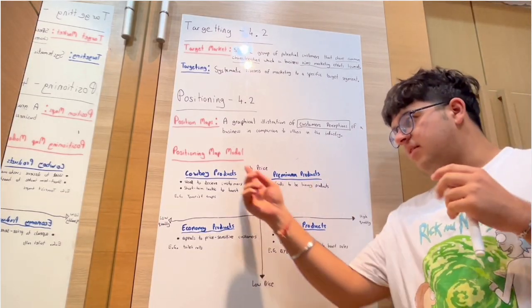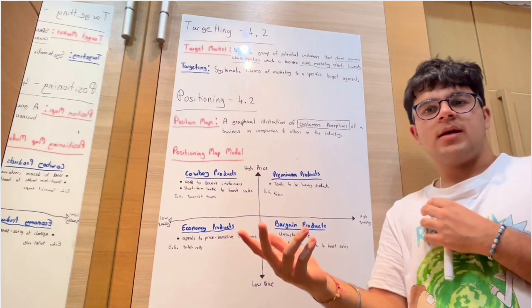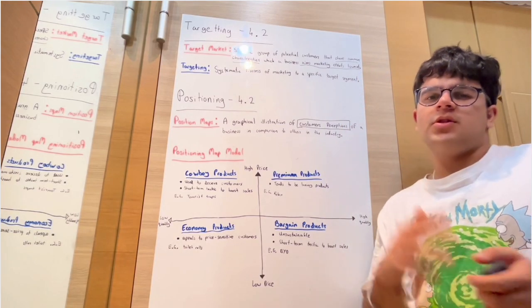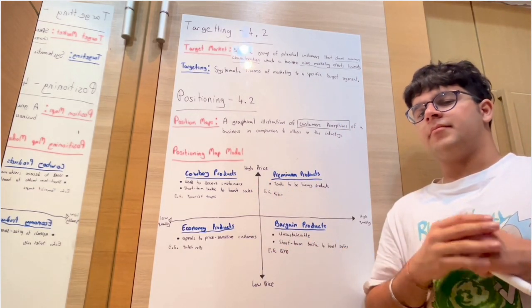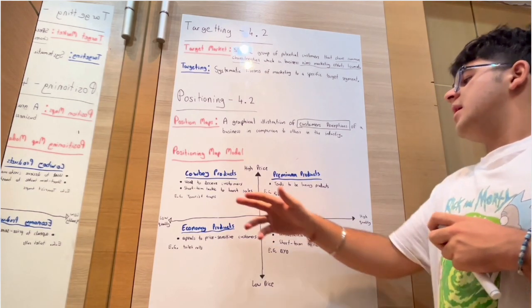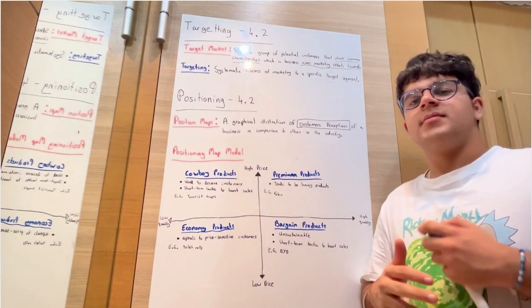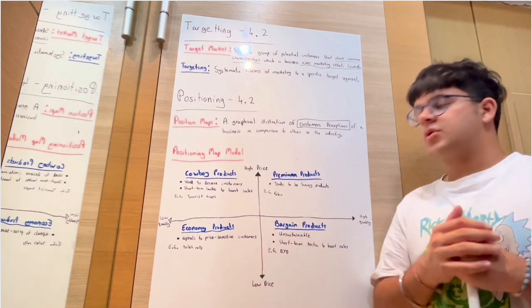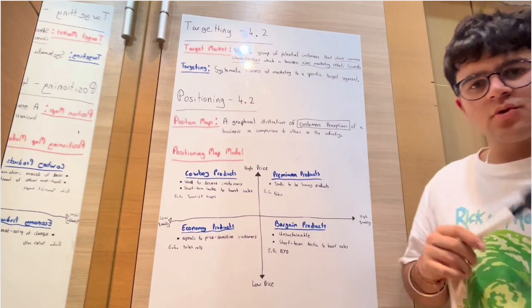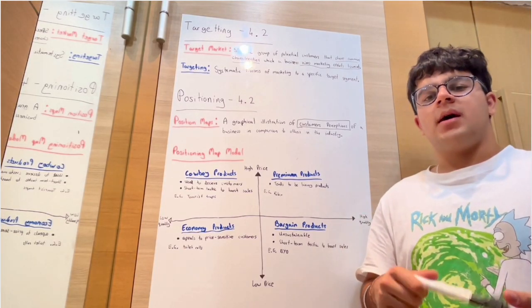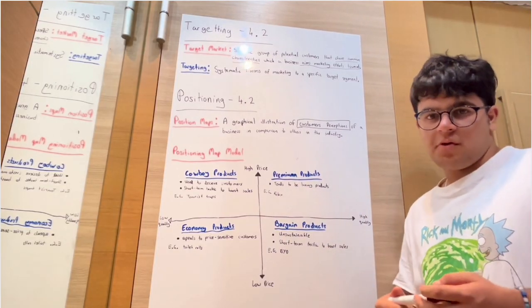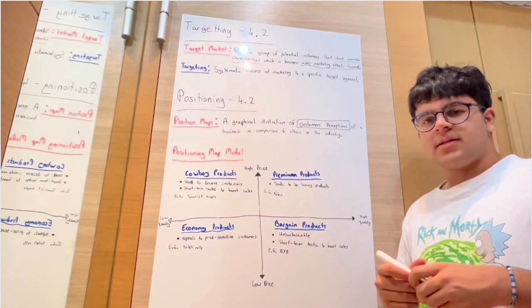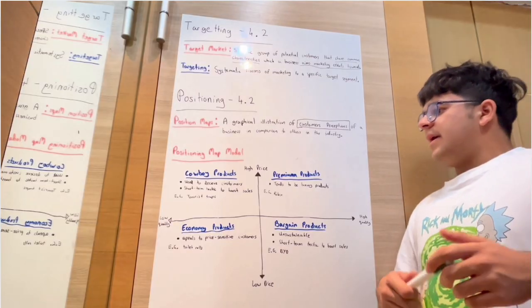Customers perceive the products over here as rip offs. They're high price, but they're low quality, which is why you as a business can see why you don't want to be here. It's bad brand image, but it can be used as a short-term tactic just to boost sales. So just in the short term, you want to get high profit, high margins, just bump your price up even though your quality is low. So it could be a short-term tactic for business survival.